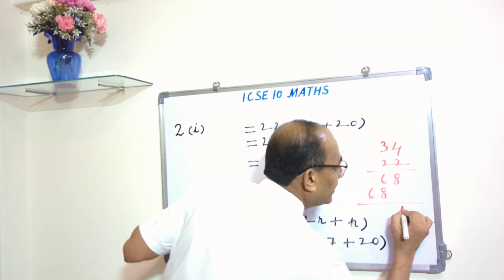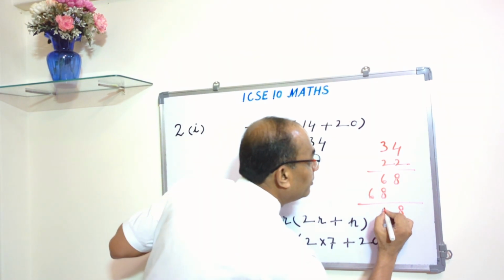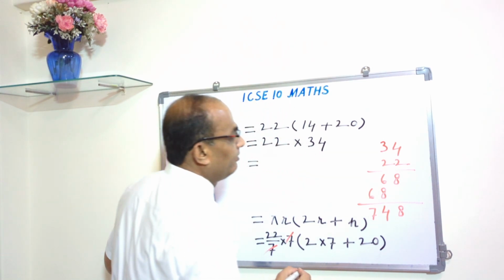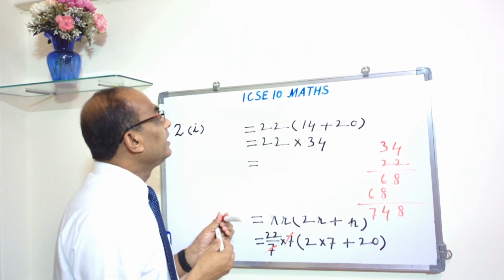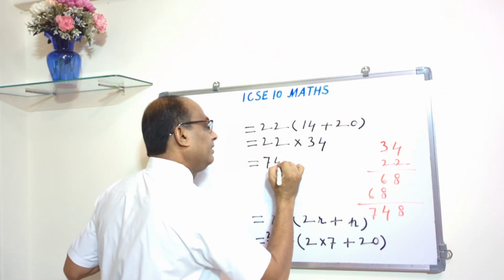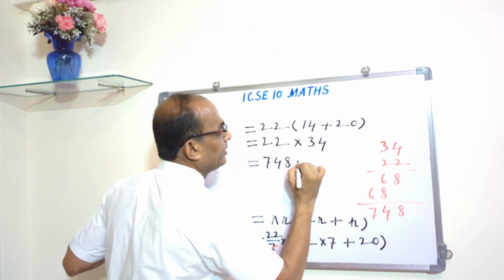When you add, you get here 8. 8 plus 6 is 14, 4. And 6 plus 1 is 7. This much. So we get 748 meters square.